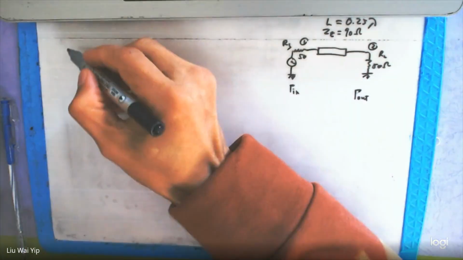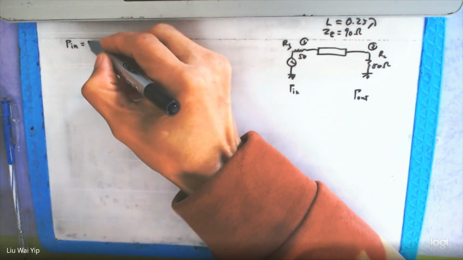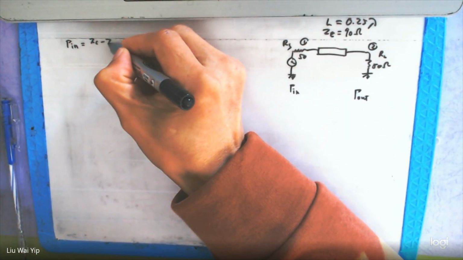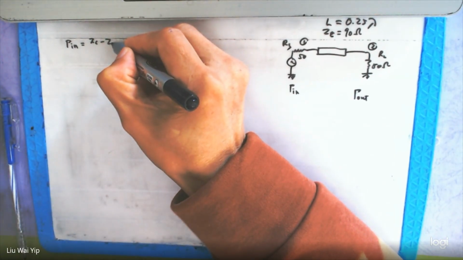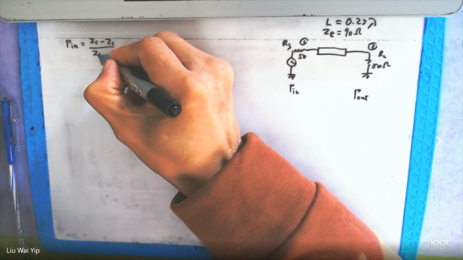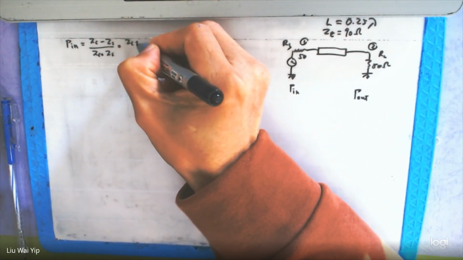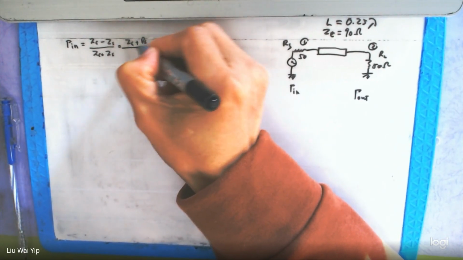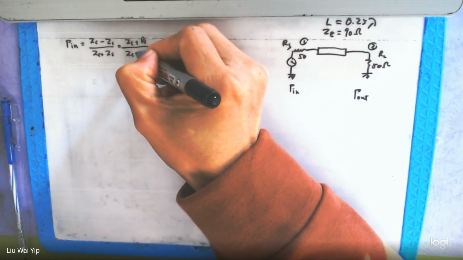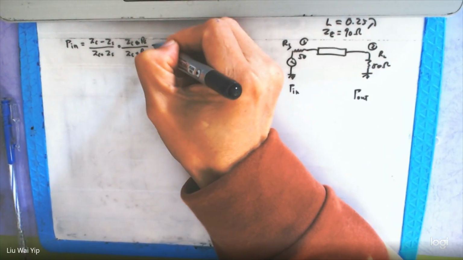The reflection coefficient at the input is going to be the source minus, sorry, minus.